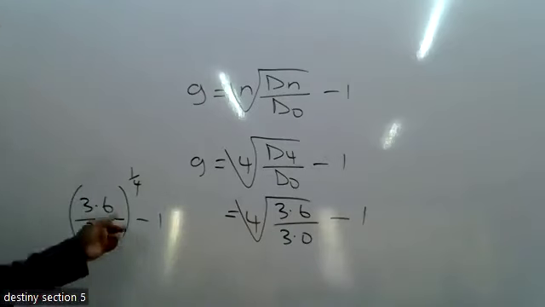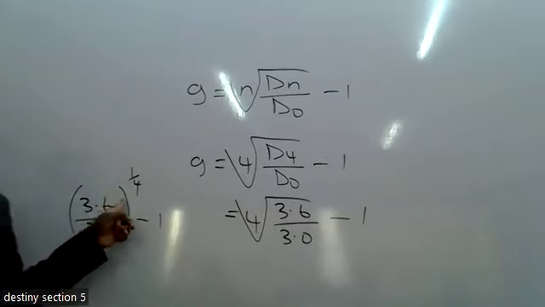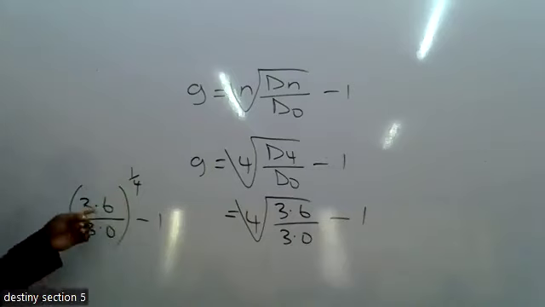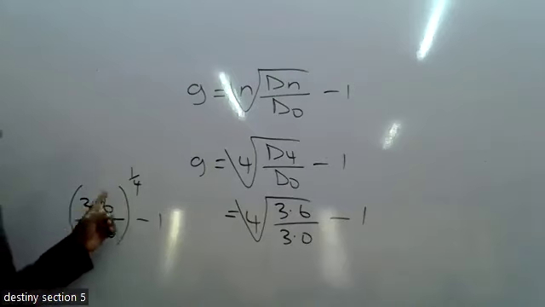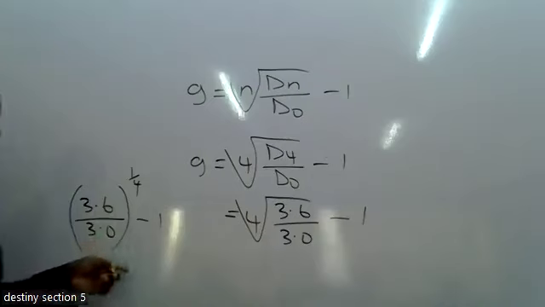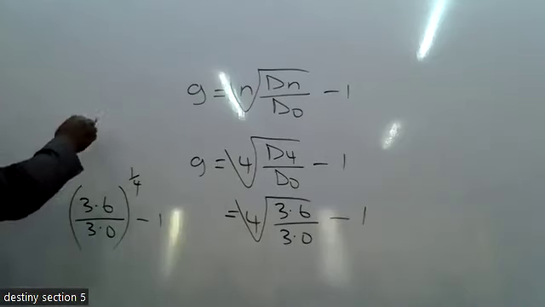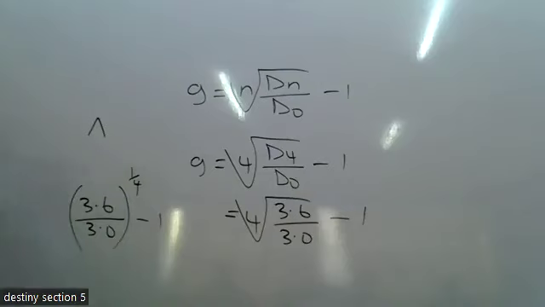So you can use this one, it is easier. You simply take 3.6 divided by 3 to get the answer. Then on your calculator, you see this power sign.